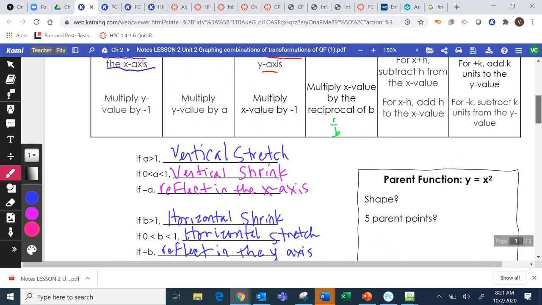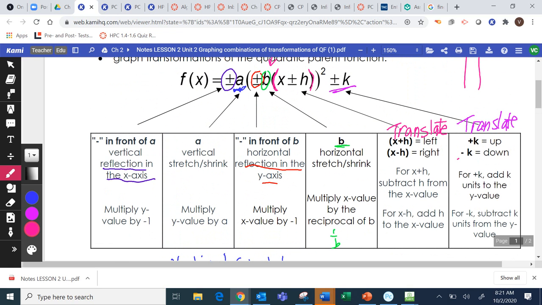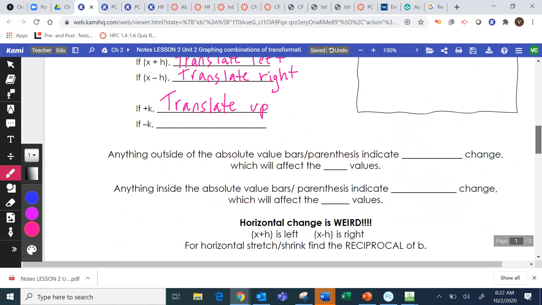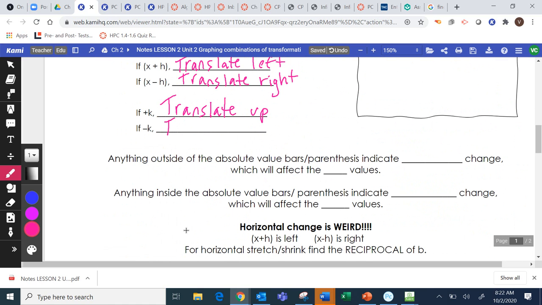You're going to say the word translate. Can you say translate? Down. Perfect.